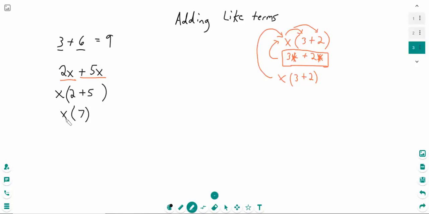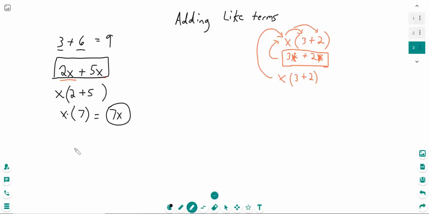I still have my x out here. That's implied multiplication. So x times 7, I would write that with the coefficient first. It's just 7x, right? You following me? So we could say that 2x plus 5x is equal to 7x.